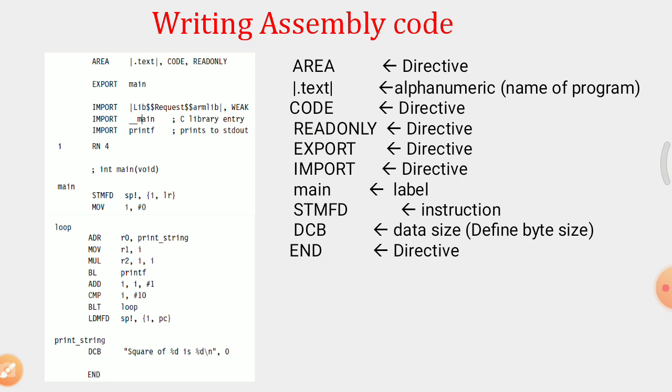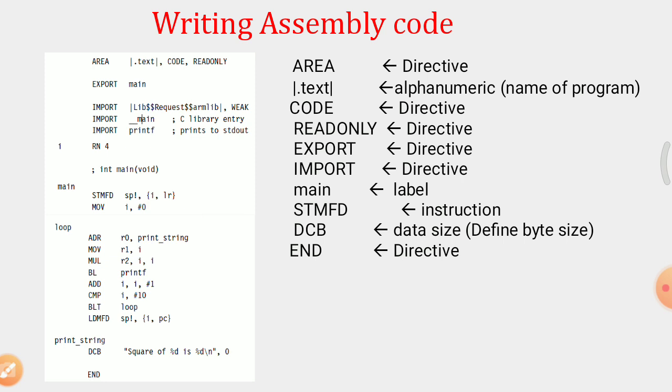Let us see how to write an assembly code. Here we will see an example of how to write an assembly code and what the terms are that are included in any assembly code. Let us have an assembly code for the square of a number.